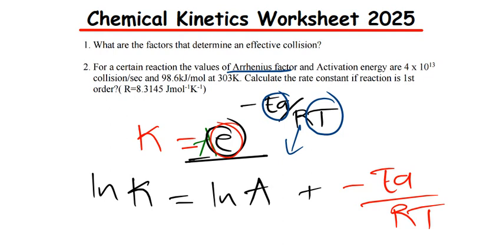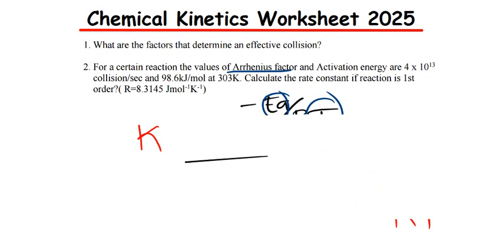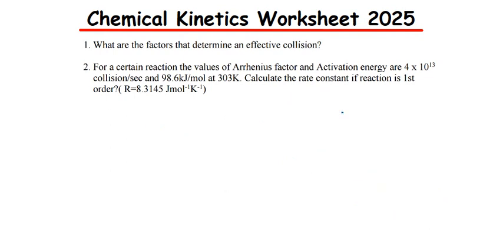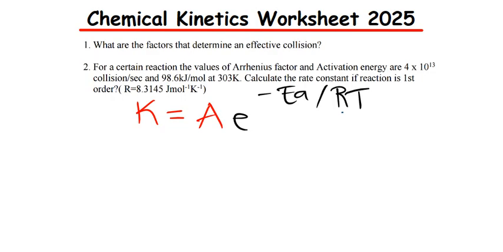Okay, so how do we handle it in this case? If we look at the information given in our equation, we have k = A e^(-Ea/RT). The issue of the k and the R confusing us is very common.